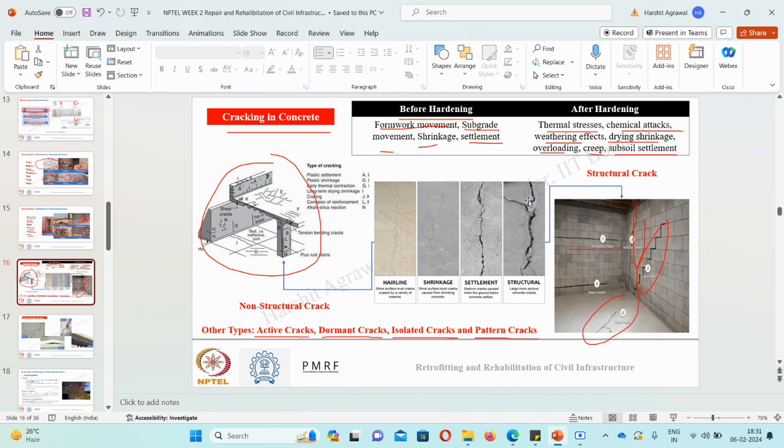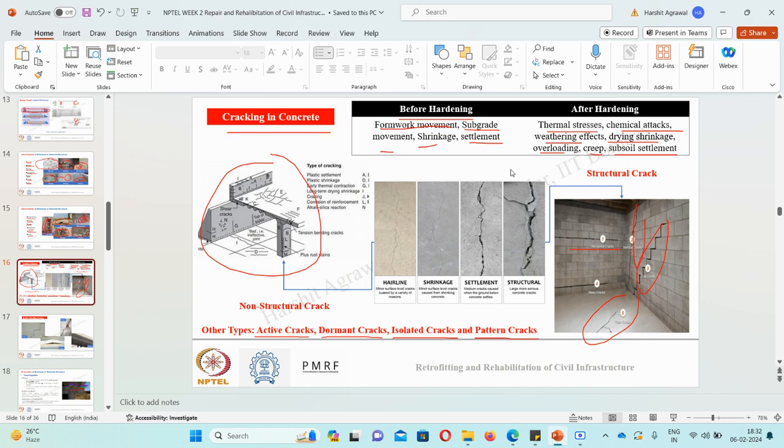Yeah. So during visual inspection, how do you decide which type of crack is appearing on the surface of the concrete? So basically, during visual inspection, the people who inspect the cracking have a thickness gauge. They use that sometimes to detect whether it is a non-structural or structural crack.